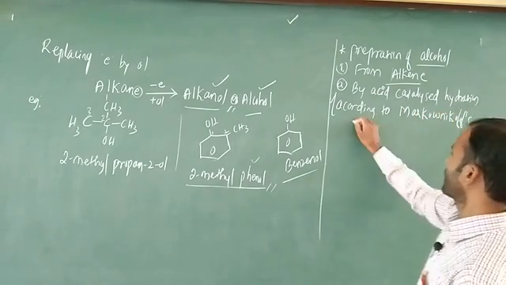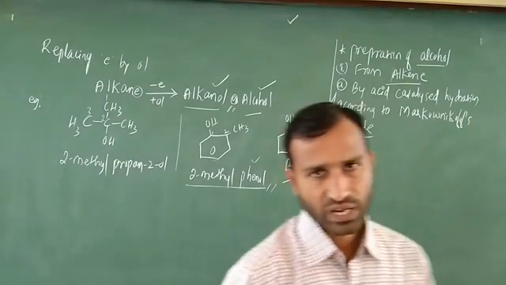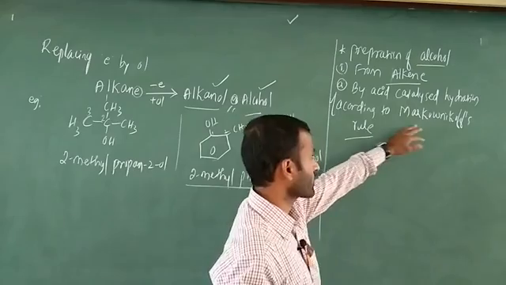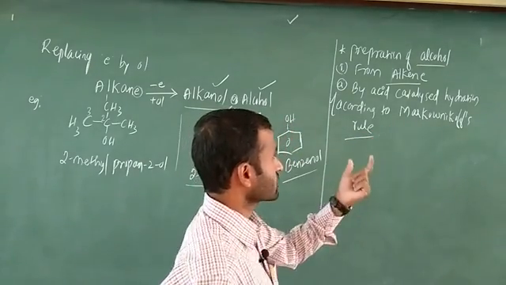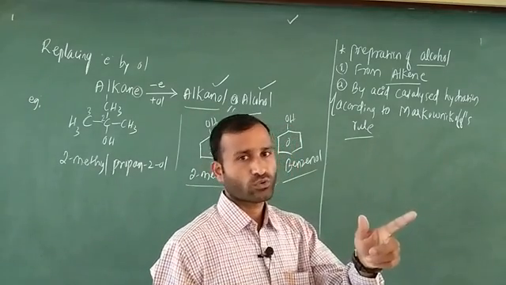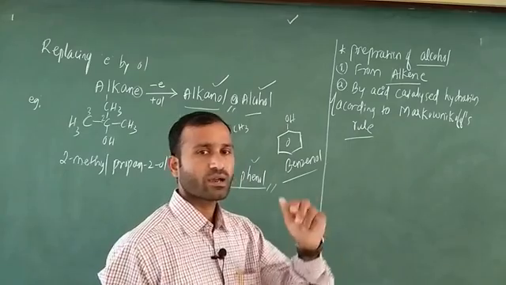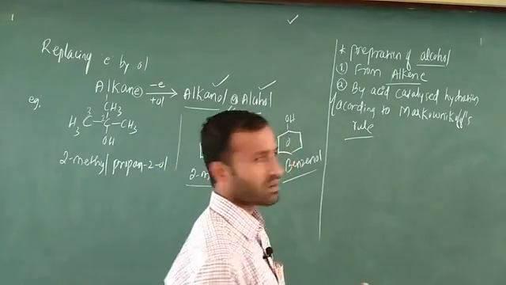Okay, this Markovnikov's rule is in the first year hydrocarbon topic. I will tell you what Markovnikov's rule is. In this case, there are two methods: one is Markovnikov's rule, and another is anti-Markovnikov's rule. Anti means completely opposite of Markovnikov's rule. Here I will write an example, after that I will explain.